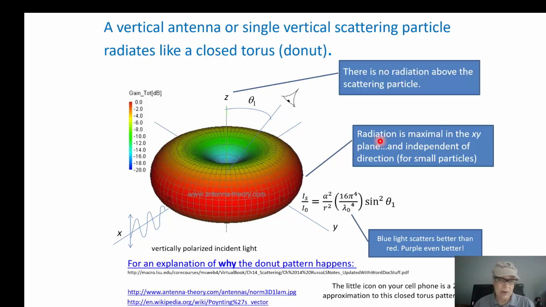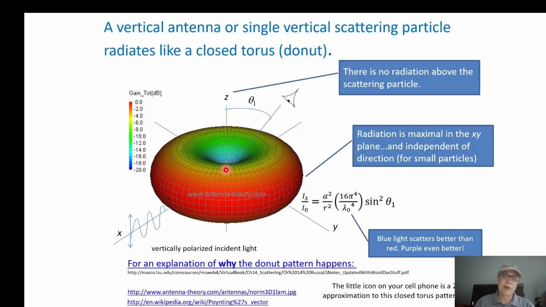Like I said, we understand dipoles very well. This is a picture of the radiation pattern from a dipole. In this picture, the light is coming in along the x-axis, and it induces a dipole moment at the center where there's an atom. So there's an atom at the center, a point scatterer, we would say.